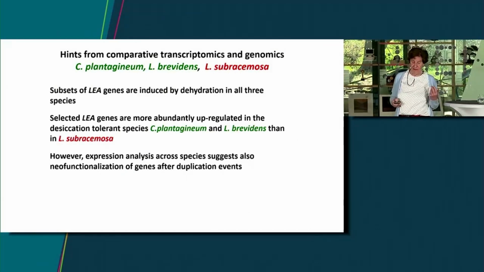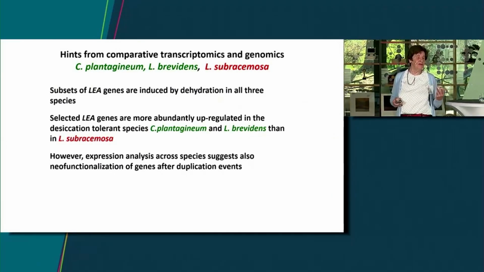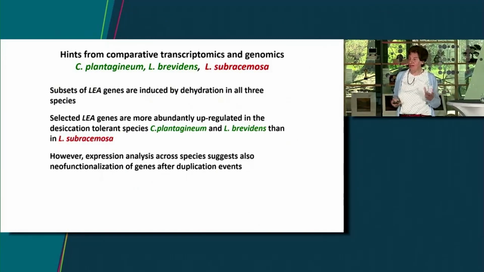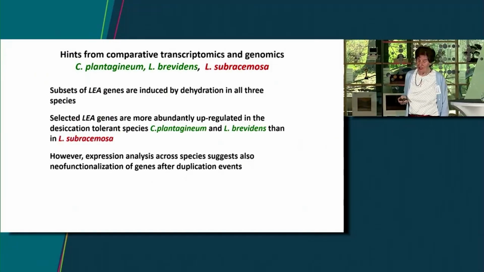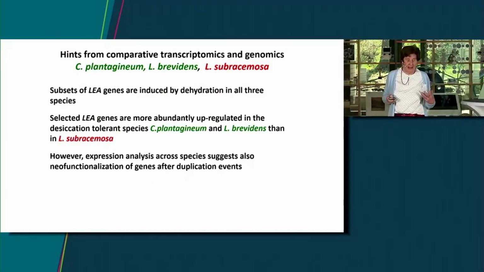In the genome of Craterostigma and brevidens, we find more Lea genes, and they have arisen by genome duplication. That is one of the evolutionary processes which contributes to the stable desiccation tolerant type. But in a minute, we will also get to know another way.